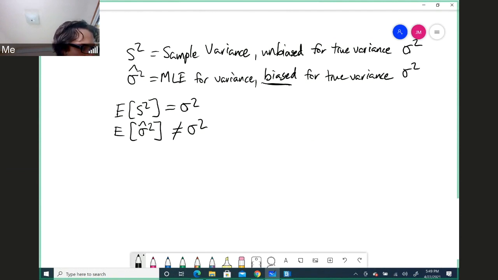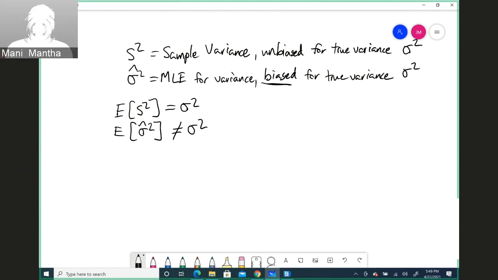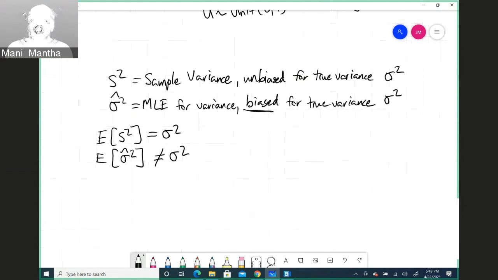Let me find my notes just to make sure I'm saying all these things right. So here sigma squared is the true variance, and s squared is the sample variance, yep.